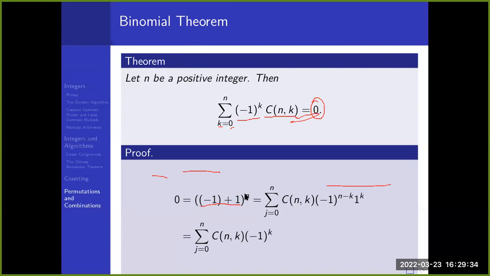So you can raise this whole quantity to n and apply the binomial expansion. And this is what you will have. And this will simplify the terms that we're adding. They can be simplified to this form if you observe them carefully.